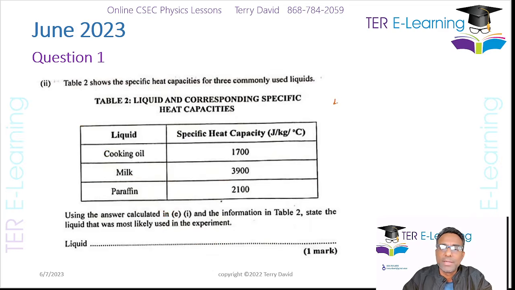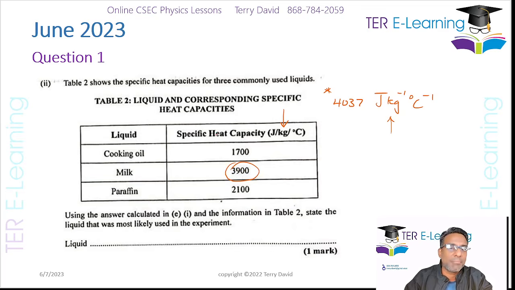It's a good thing we worked in kilograms, because they gave us a table in kilograms here, right? Now the only number that is close to 4037 is this. The other two numbers, cooking oil and paraffin, are much lower. So that liquid that we have here is most likely milk. So 1 mark for that.